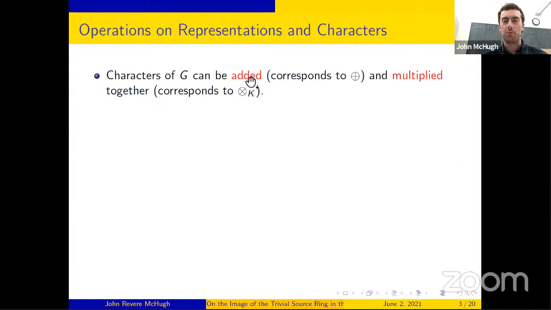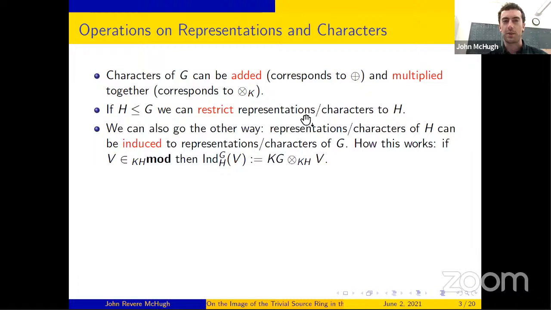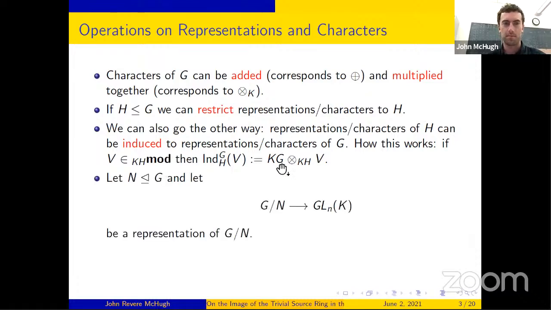Some operations you can perform on representations or characters: you can add them, or you can multiply them. And then if you have a subgroup H of G, you can restrict a representation or a character to H. You can go in the other direction: if you have a subgroup H, you can induce a representation or a character to G. How that works is you take a KH-module V and you just extend scalars to KG.